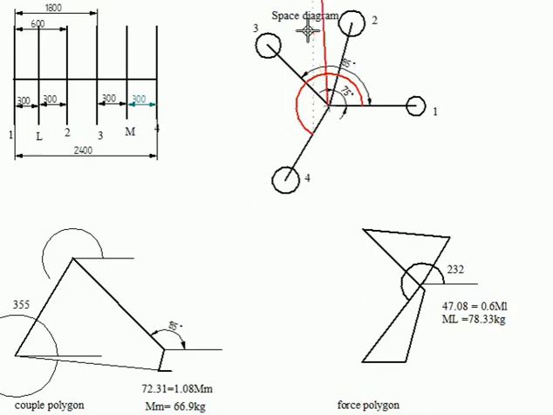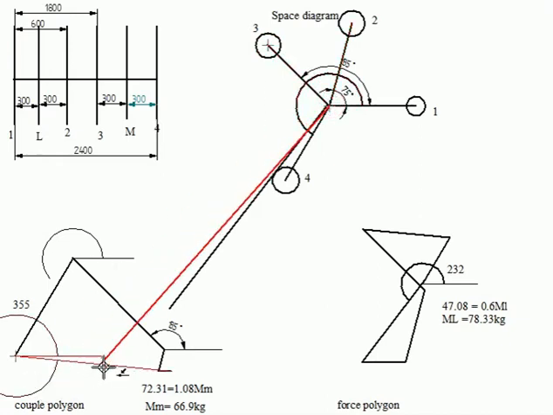Radius is 0.6, ml inclined at 232, this will be ml, and mm, its inclination is 355 degree.